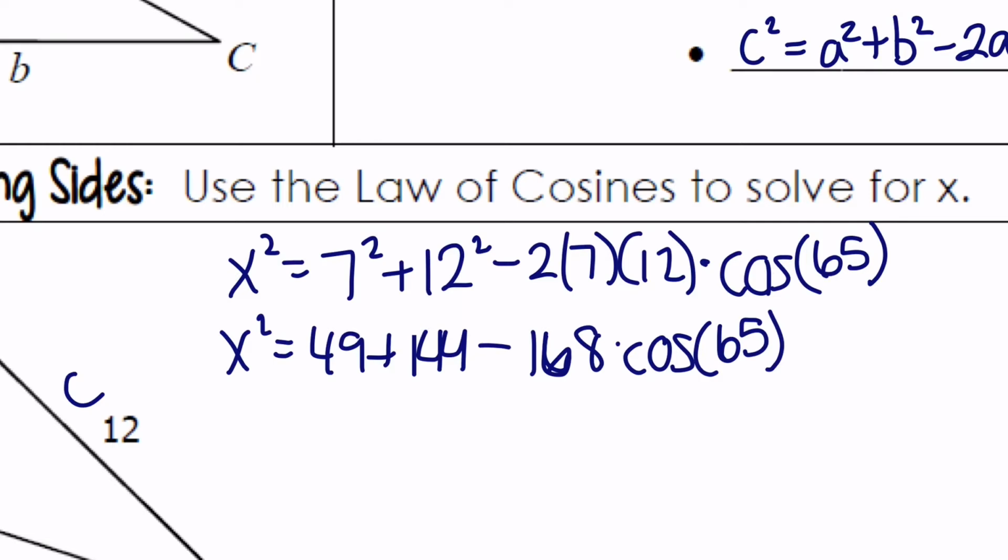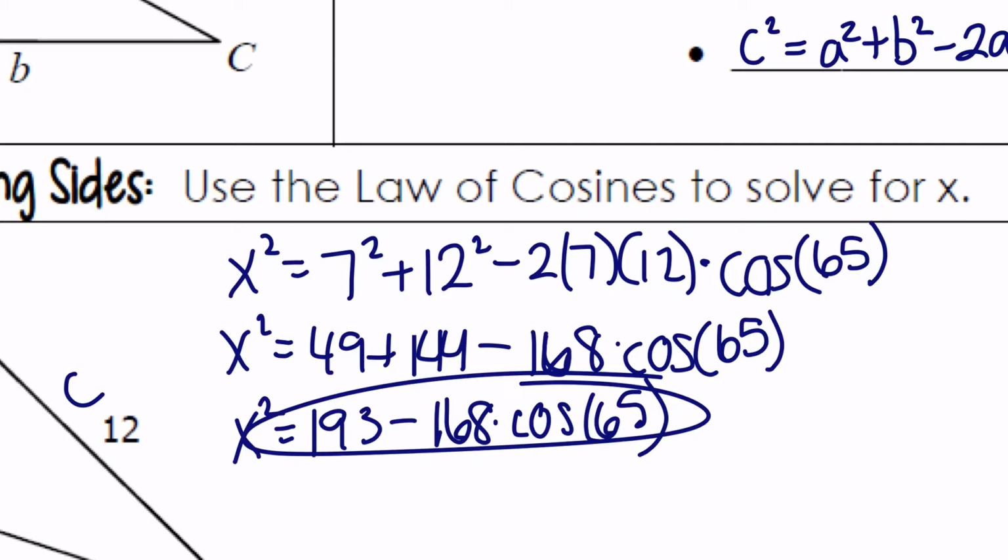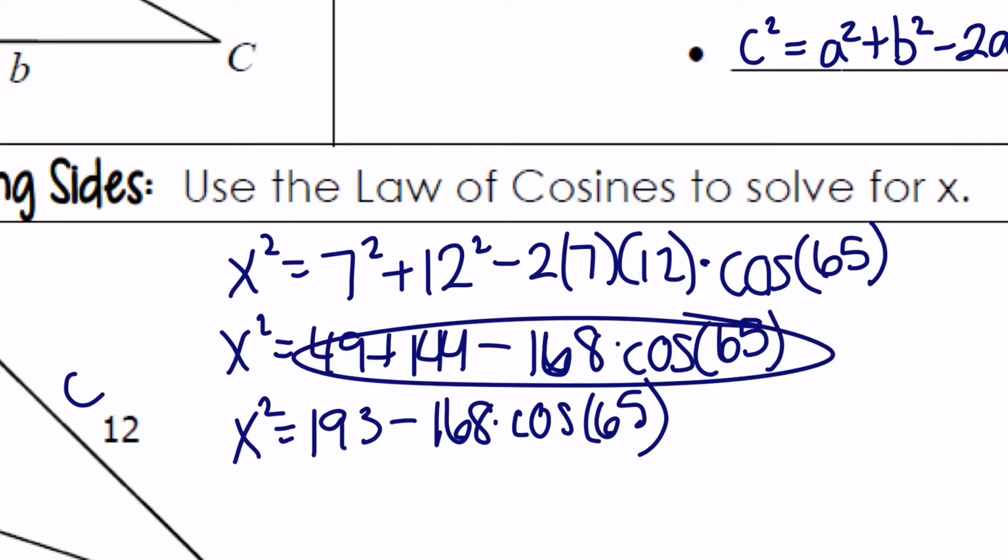And then you can go ahead and add 49 plus 144 if you want. And so x squared equals 193 minus 168 times the cosine of 65. And then put this in your calculator. You could put this whole thing in your calculator as well if you wanted to.